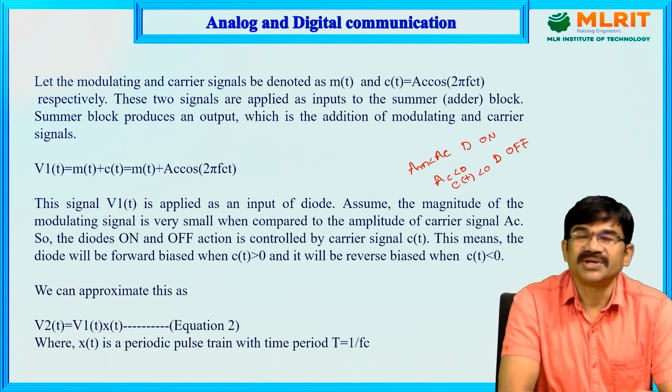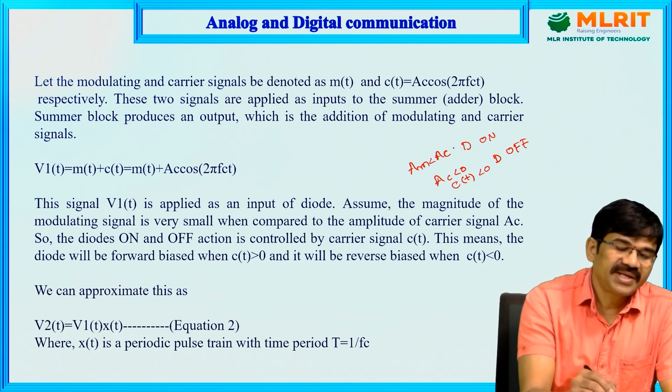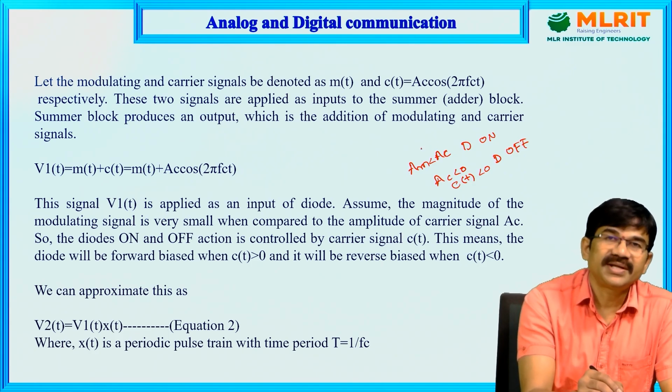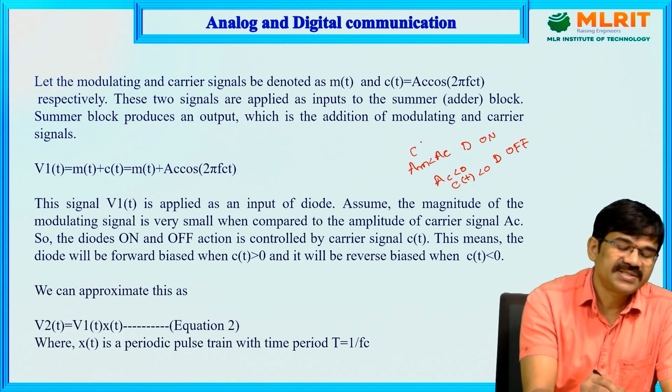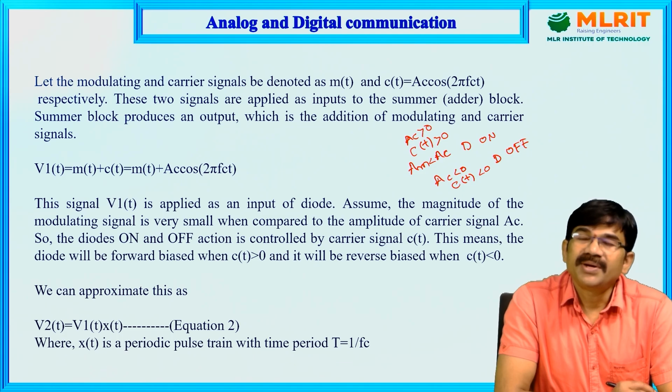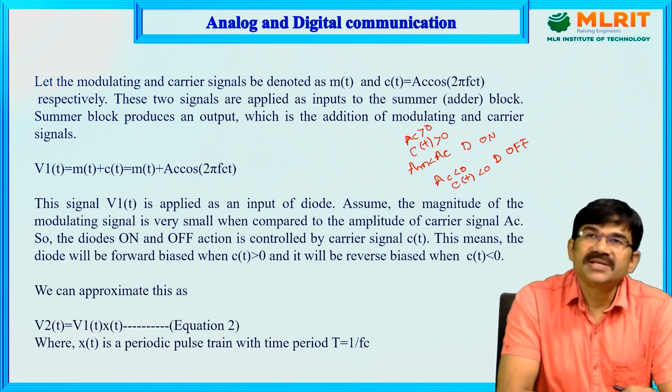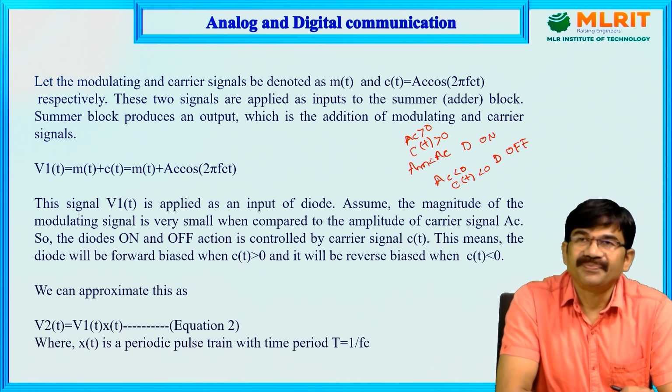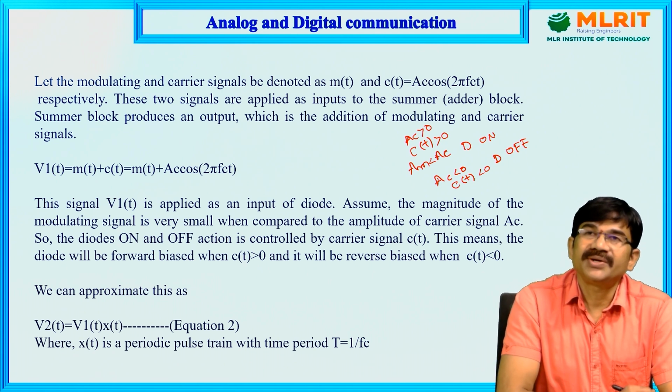That is the first condition, and c of t is greater than 0. That is, Ac, the amplitude of the carrier signal, is greater than 0 and at the same time greater than the amplitude of the modulating signal. Next, when the carrier is less than 0, in that condition the diode is off.